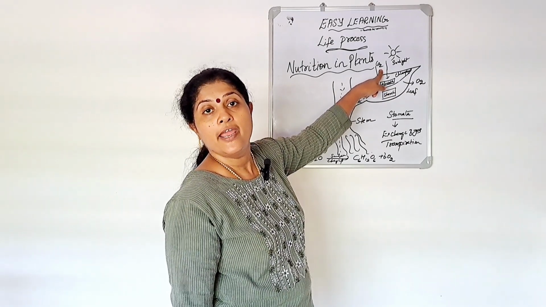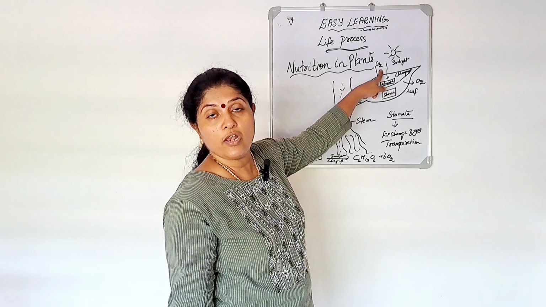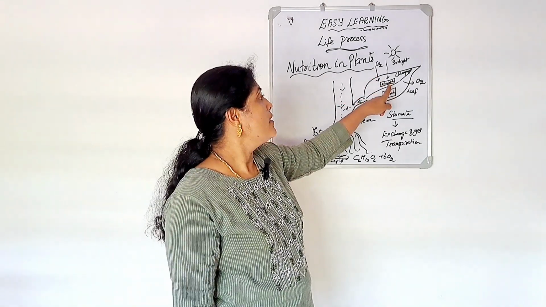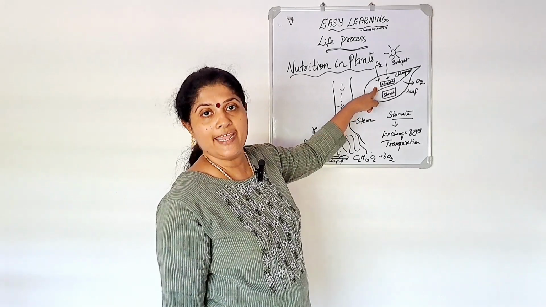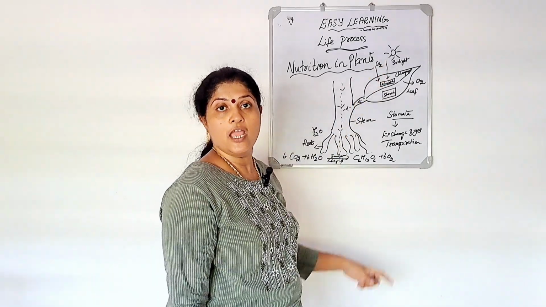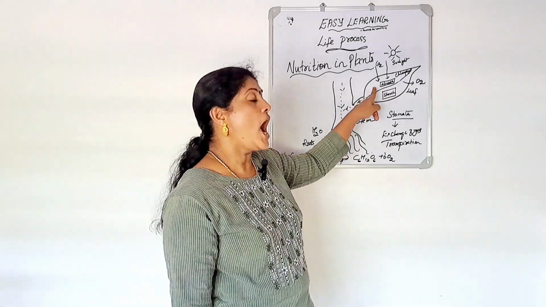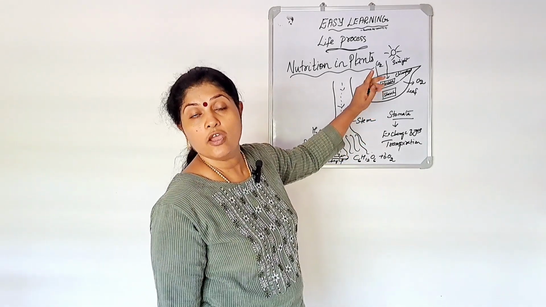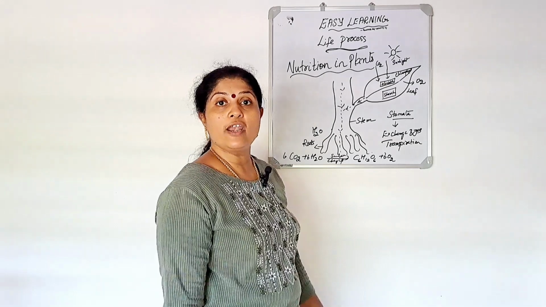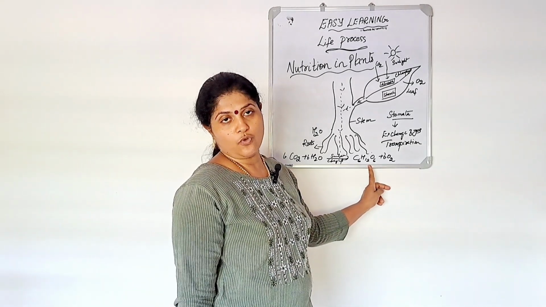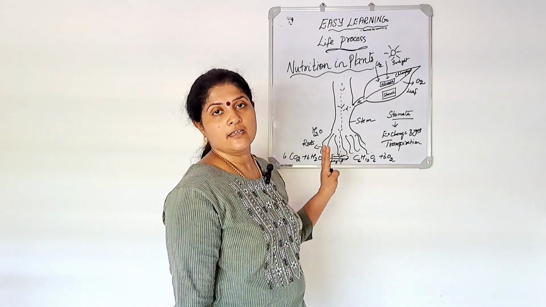Reduction means addition of hydrogen and removal of oxygen. So here the hydrogen is added to the carbon dioxide. So reduction of carbon dioxide by hydrogen forms what? Carbohydrate. The product formed we call the carbohydrate, C6H12O6.